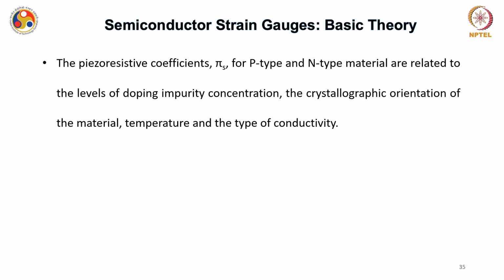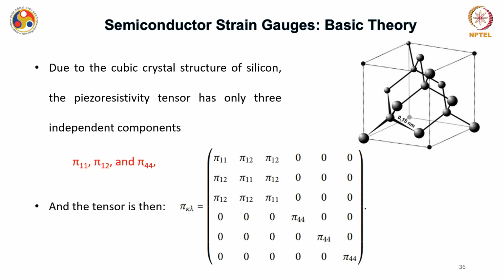The piezo-resistive coefficient pi for p-type and n-type materials is related to a number of factors, including the level of doping impurity concentration, the crystallographic orientation of the material, the temperature of operation and the type of conductivity. Now, due to the cubic crystal structure of silicon, the piezo-resistivity tensor has only 3 independent components, which are pi 11, pi 12 and pi 44.